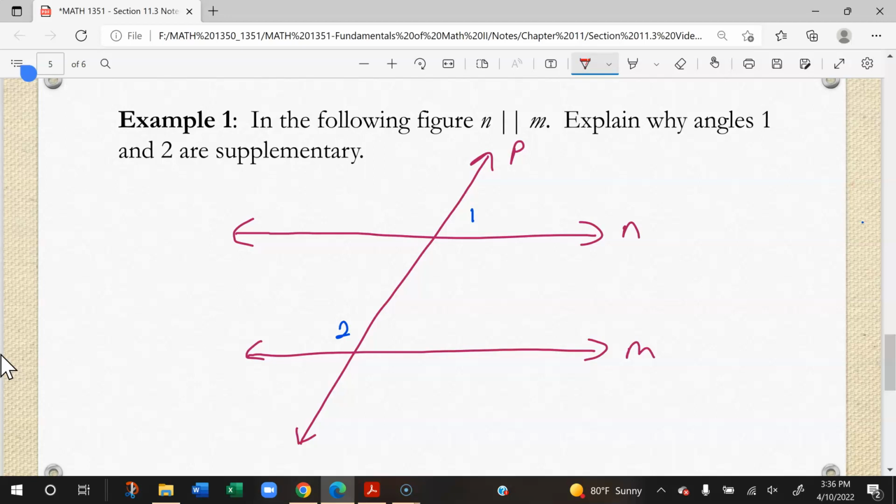So this is going to be congruent with this angle because they are corresponding angles, provided that M and N are parallel.